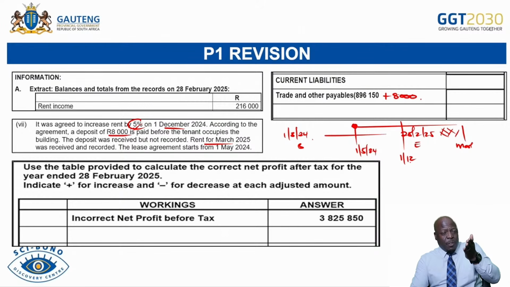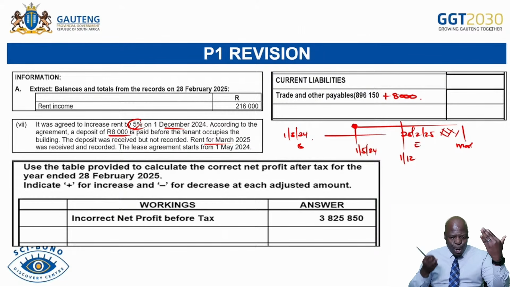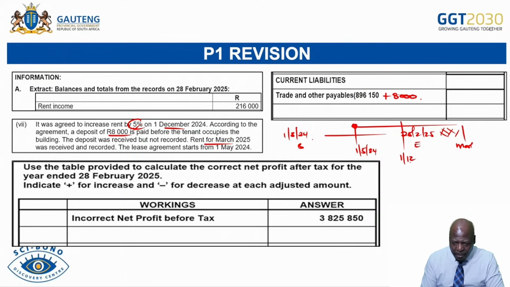Once you see 1st of December, you are coming to 30 November. So you're going to say May, June, July, August, September, October, November. You have 7 months where the rent had not yet changed. That means it's 700 here.